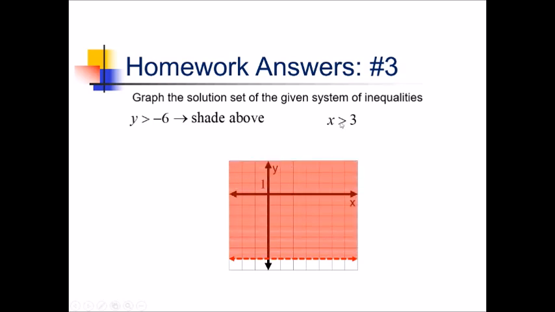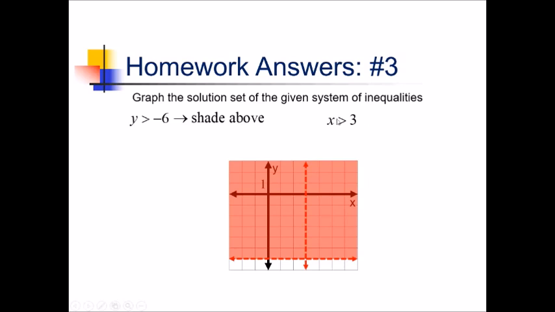Next, we have x greater than 3. We don't have a y here, so this is just a vertical line going through x equals 3. And because I do not have the equals, this is going to be a dashed line through x equals 3. And then greater than with an x value means that we're going to shade to the right.